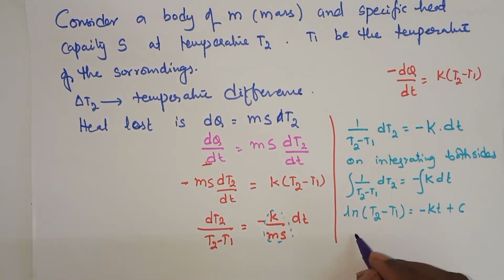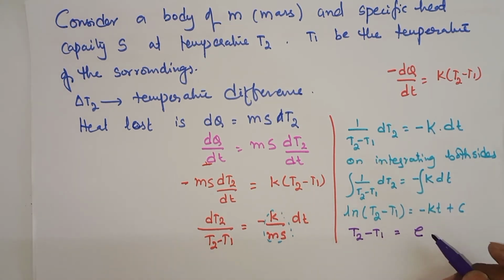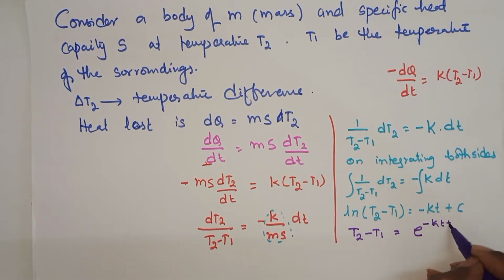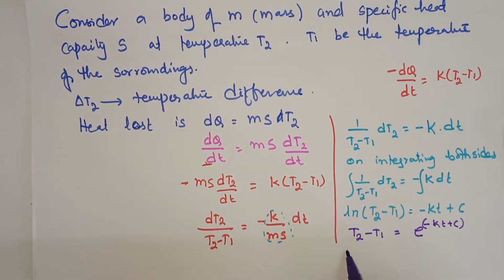If you want to get T2 minus T1, simply it is e power minus Kt plus c. If you want to find out T2, it is equal to T1 plus e power minus Kt plus c.